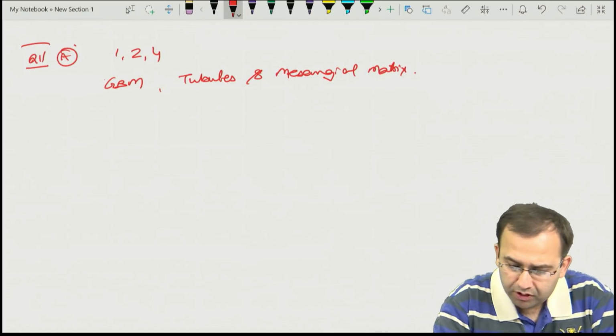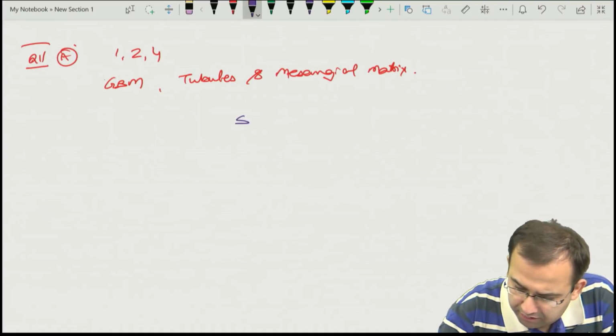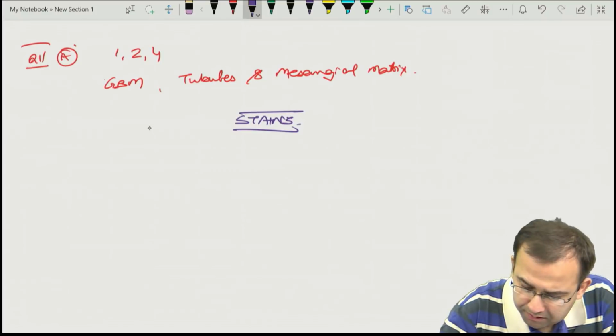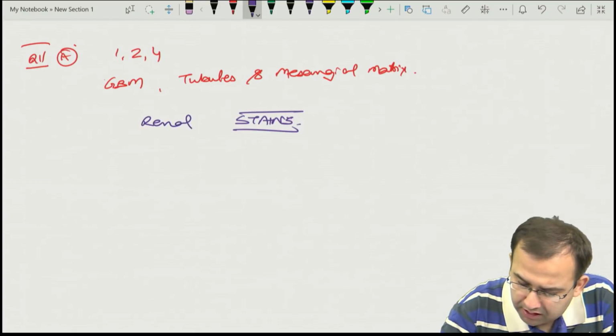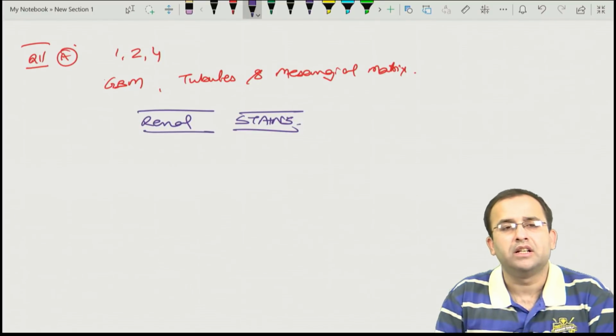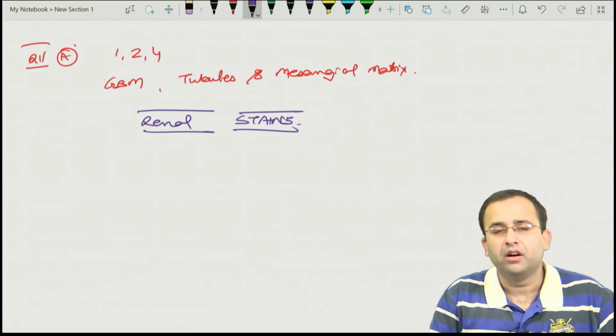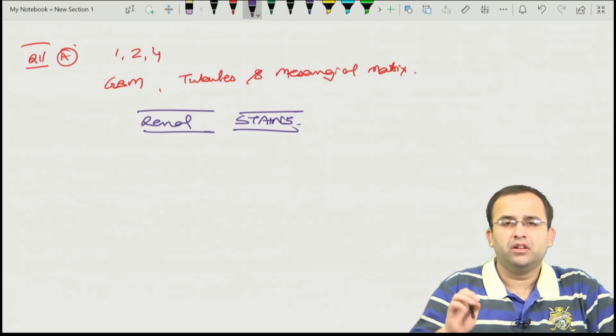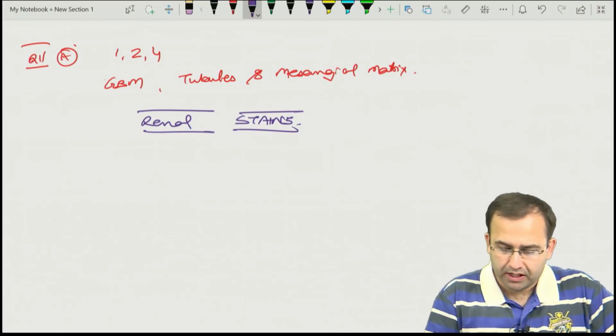Now, before we go further, let us have a look at stains used in renal biopsy. First point, there are 3 renal stains.